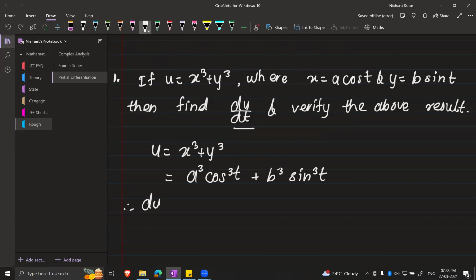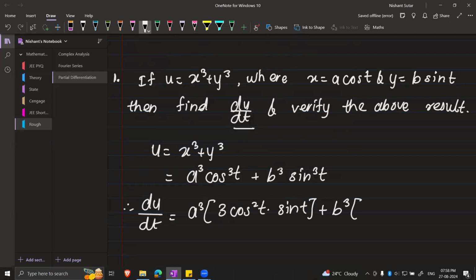Therefore, my du by dt is a cube into 3 times cos square t into sin t plus b cube into 3 sin square t into cos t.